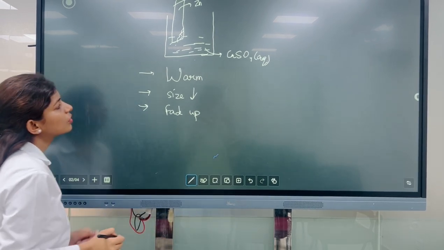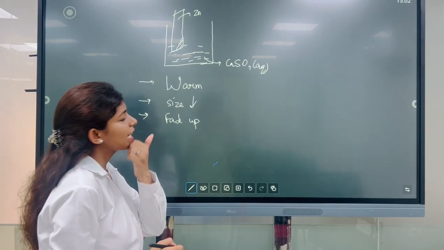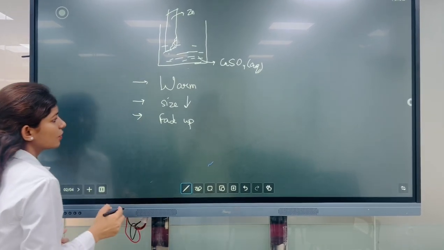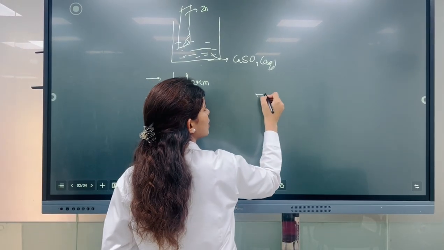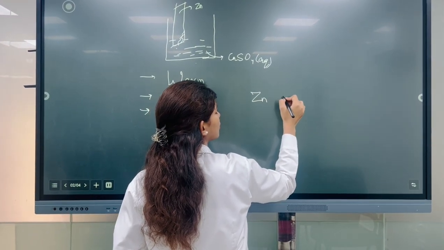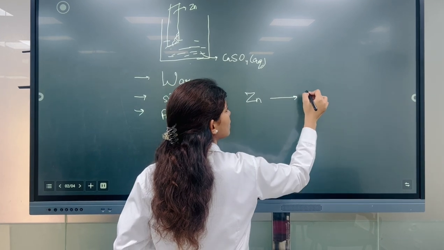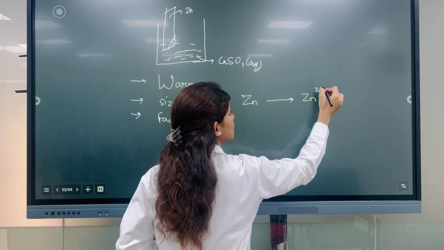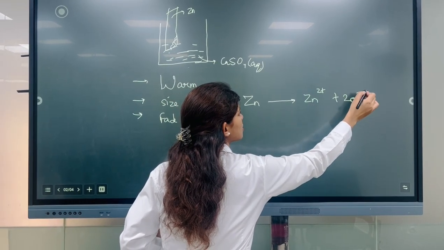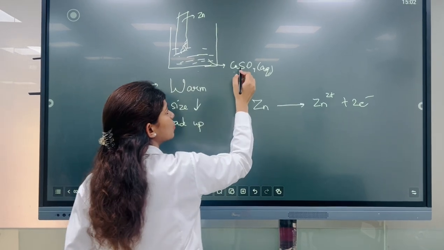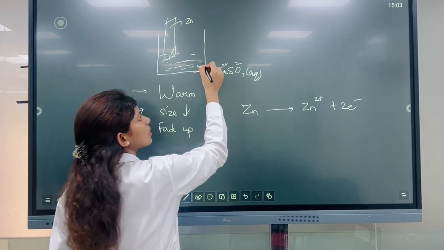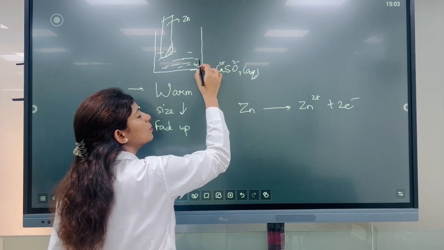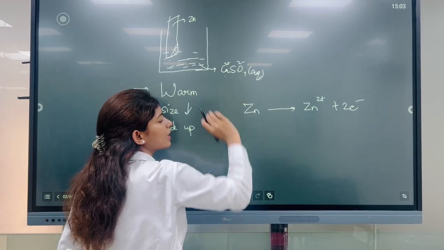So with this whole observation, we can see that zinc is giving Zn2+ plus 2 electrons, and Cu2+ ions are present because copper sulfate has copper in the 2+ and sulfate ion in the 2- oxidation state.